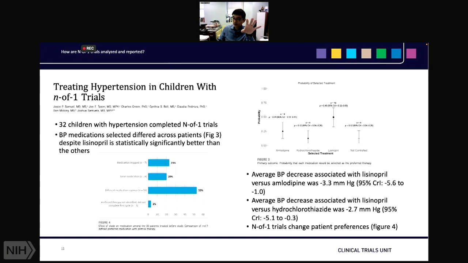Three medications were tested in the first cycle, and then two were tested in the second cycle. At the end of the second cycle, a decision is made, so the participant would choose a medication to continue.